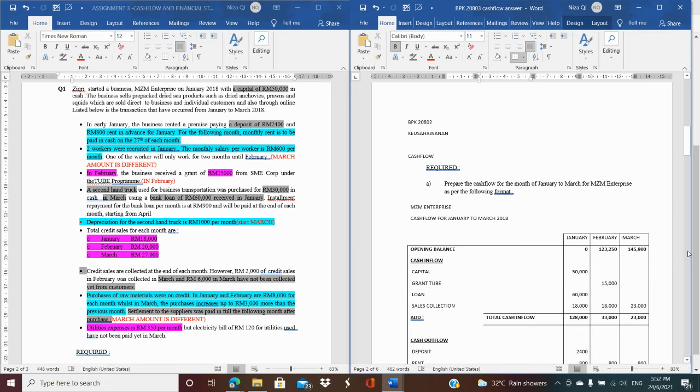So better to calculate back, because it might be wrong somewhere here. 50,000, 6,000, 18,000. Then 15,000 plus 18,000. So 23,000. Okay.